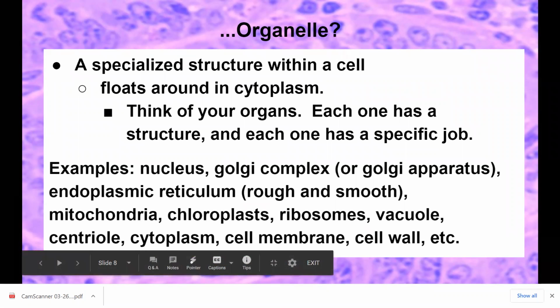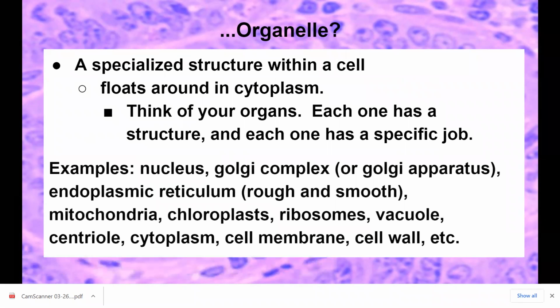So this giant list right here is a list of the ones that we are going to talk about. Are there more than this? Yes, absolutely. There's always more. But I'm not going to talk about every single organelle that could possibly exist within a cell. We'd be here for a long time.